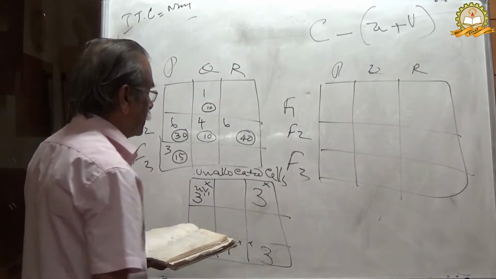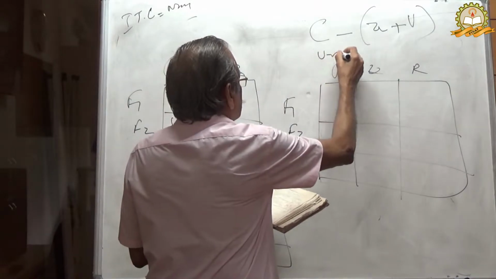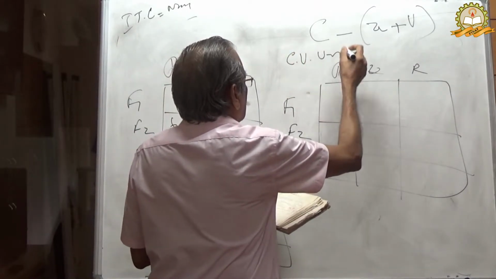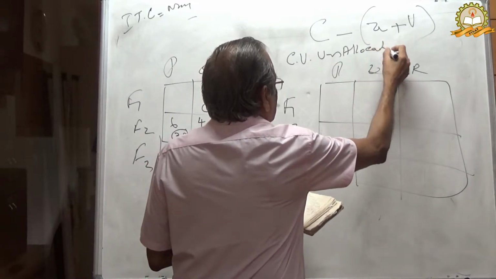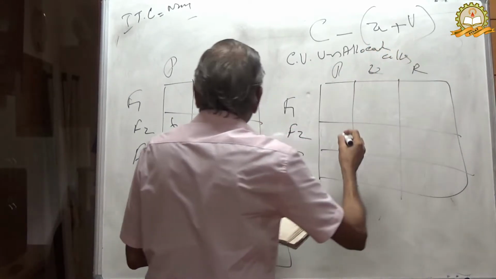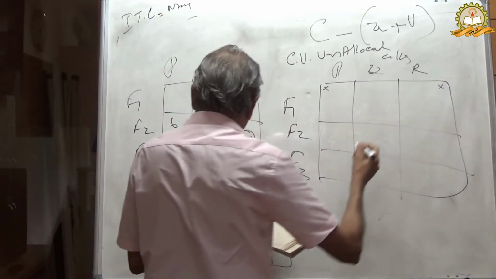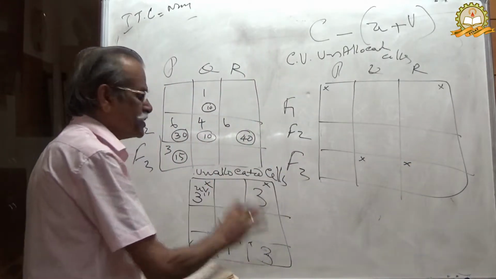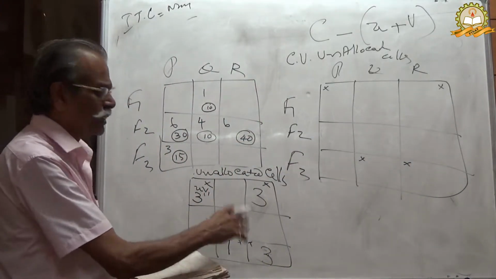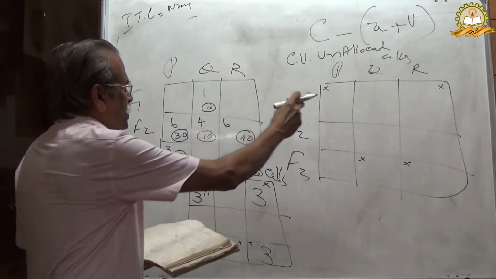Now you are finding the cell value for unallocated cells. This is unallocated, this is unallocated, and this is. Now you found some cell values 3, 3, 1, 3, but the actual cell value will be, consider this one.